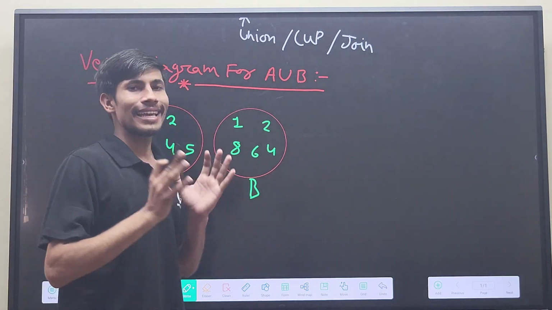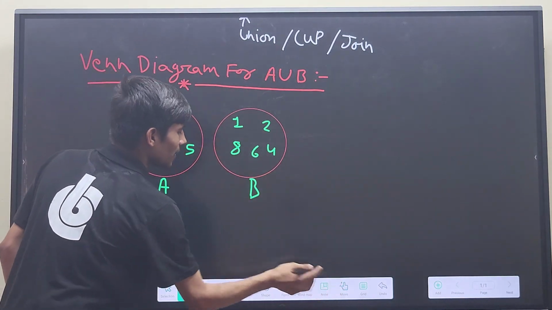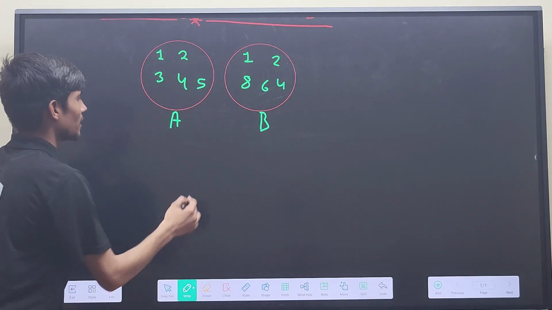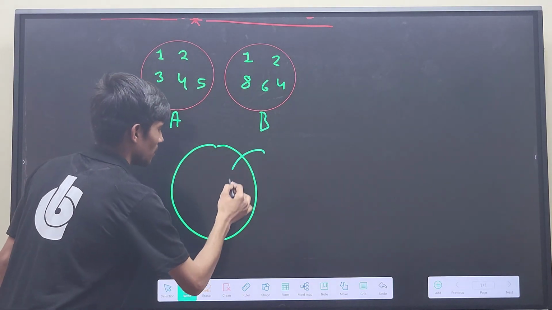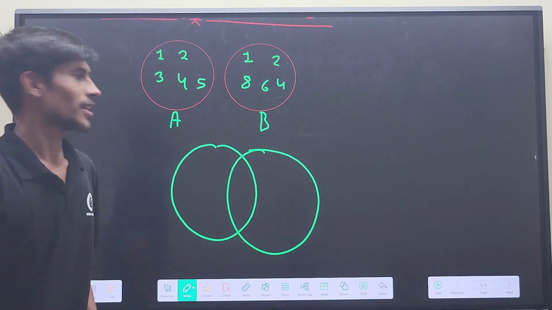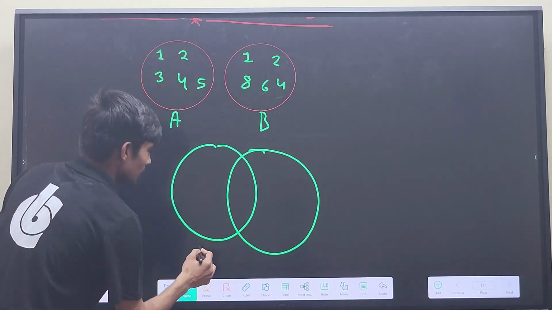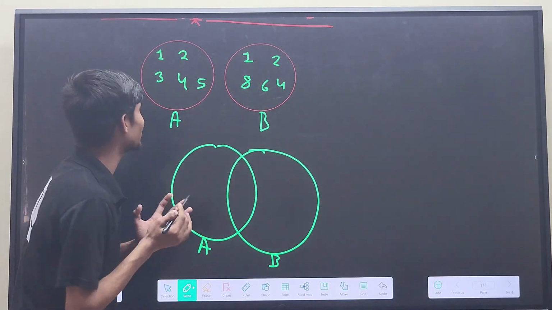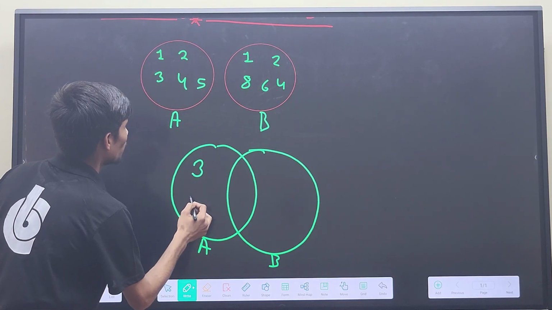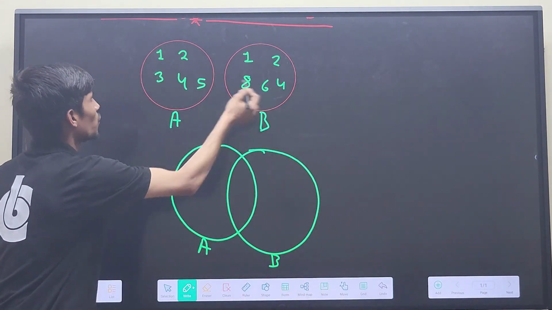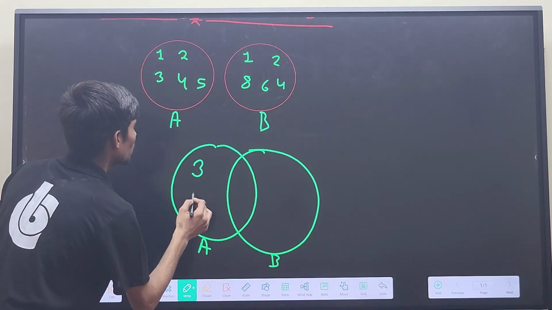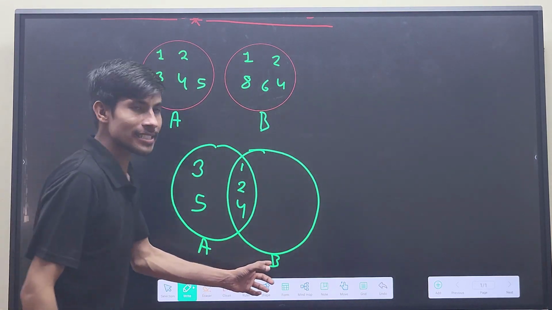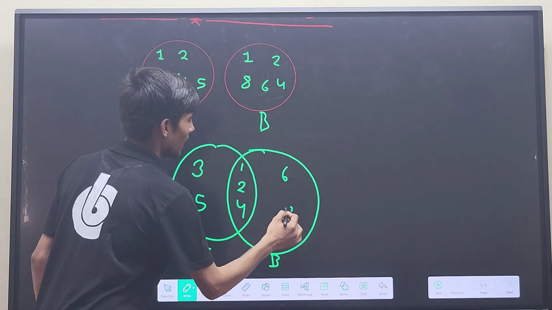If I am making A union B, then the Venn diagram looks something like this. Circle A and circle B contain what elements? 3, 5, and here I am writing 1, 2, and 4. Circle B contains 6 and 8.